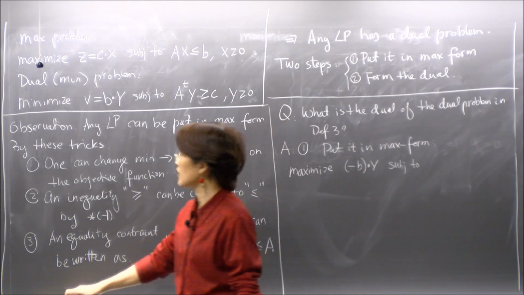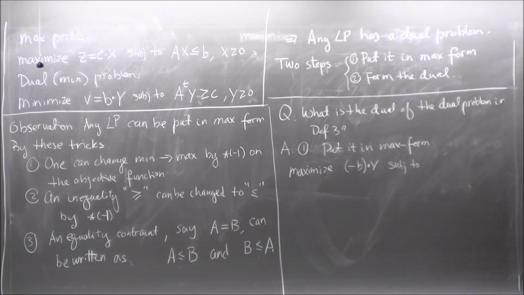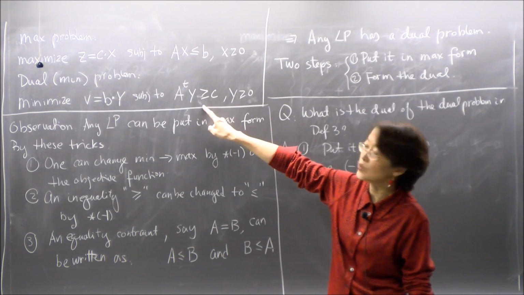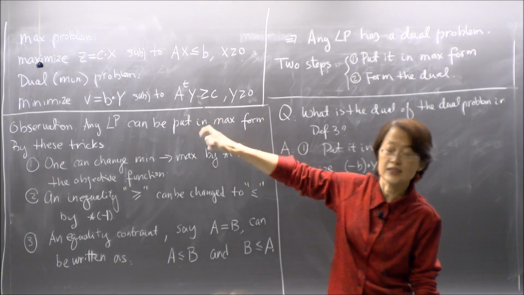Let's look at the constraints. The constraint says A transpose y bigger than or equal to c, and it has the wrong sign. I want to have it less than or equal to. So I'll multiply this by -1 again. Is it clear?